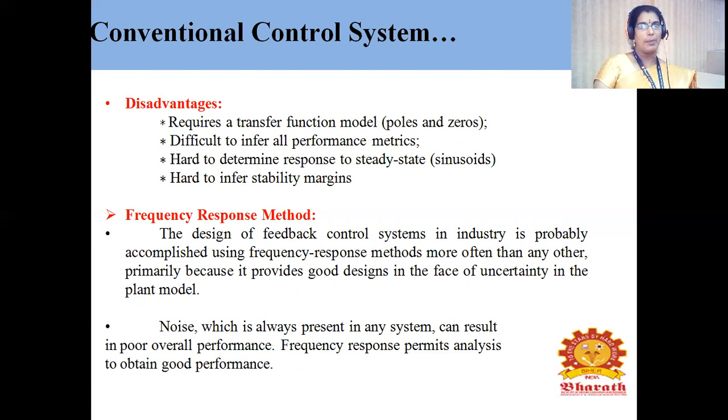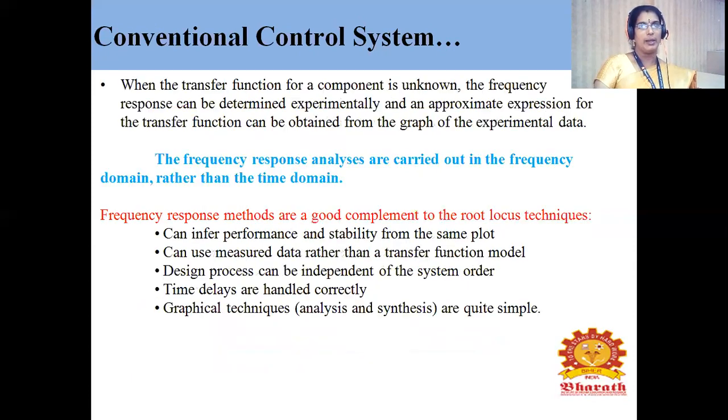We can obtain good performance if there is any uncertainty in the plant. The second point is that noise signals present in the system will result in poor performance, but if we use the frequency response method for analyzing the system, we will obtain good performance. These are the two points why we go for the frequency response method.